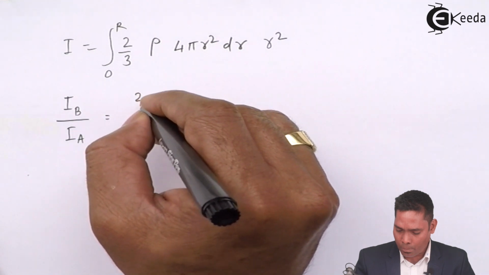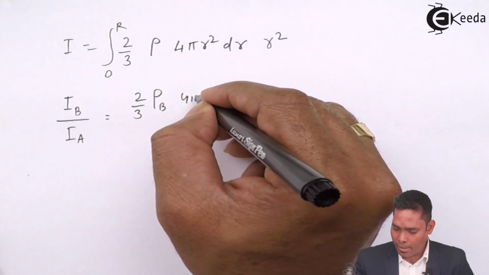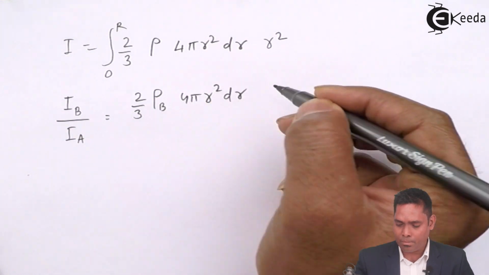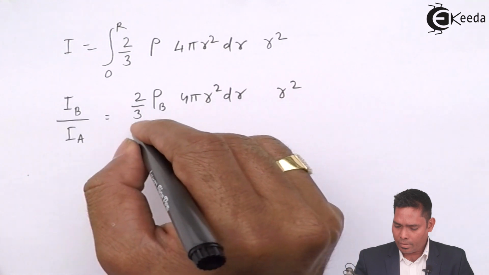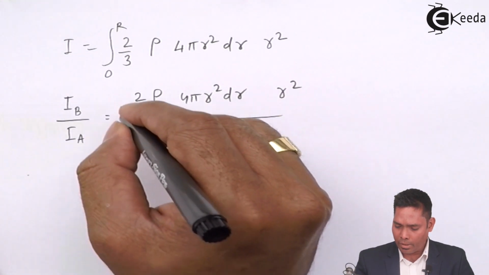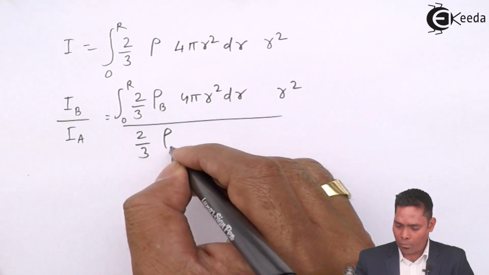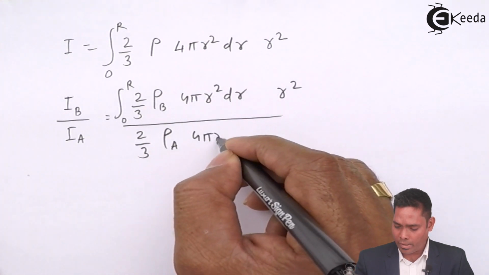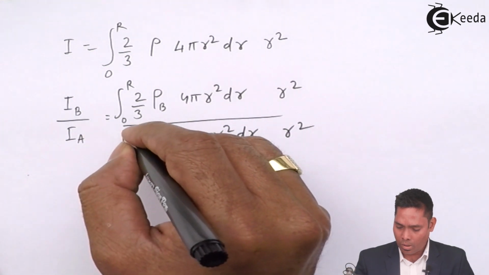Then this is 2 upon 3 rho of B 4 pi r square dr into r square, divided by 2 by 3 rho of A 4 pi r square dr, r square, again from 0 to R.